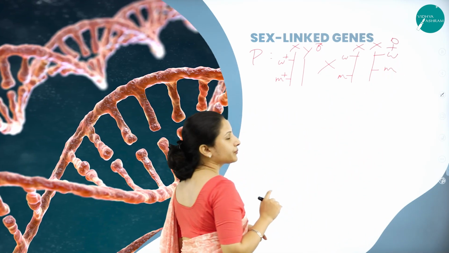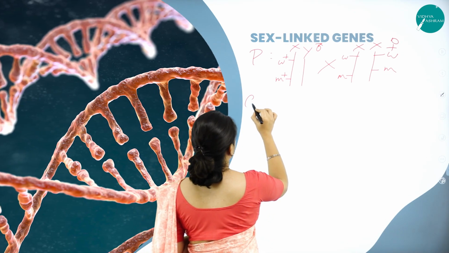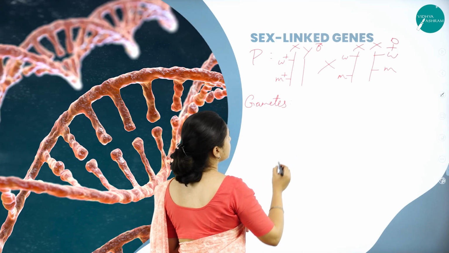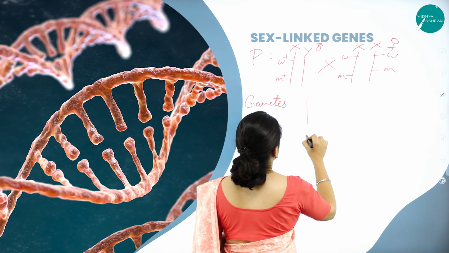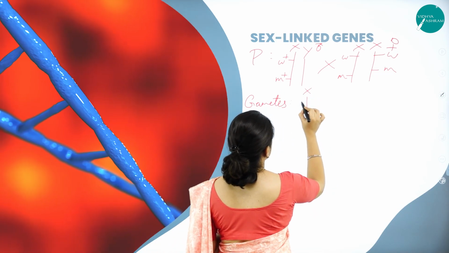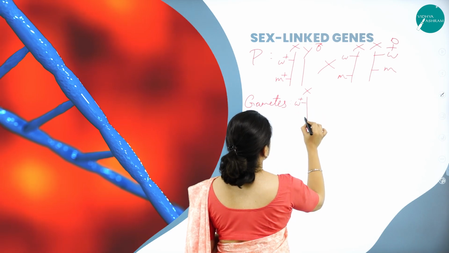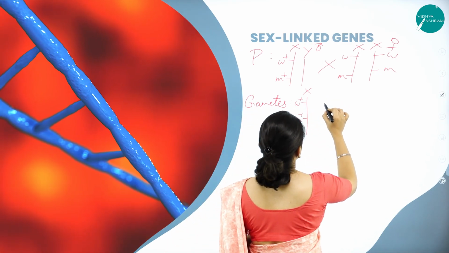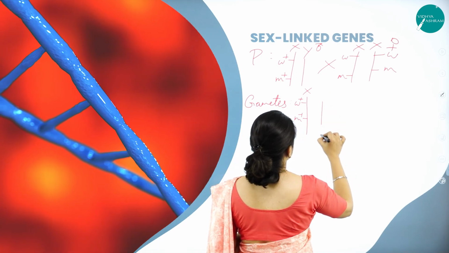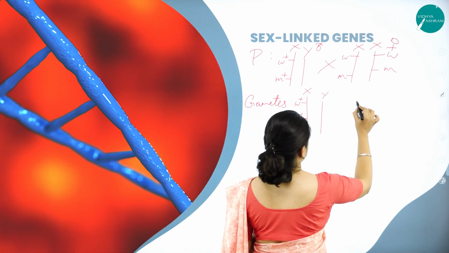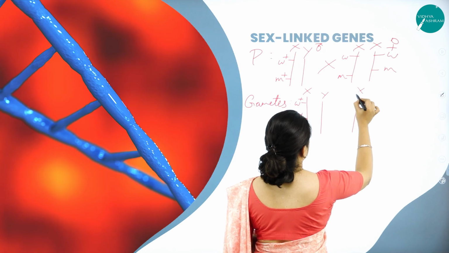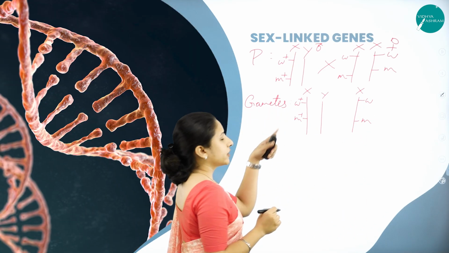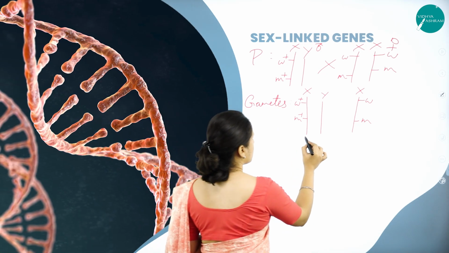So what are the gametes that are involved? Gametes: X, W plus, M plus, Y, W and M. So in the F1 generation, we shall see what happens.